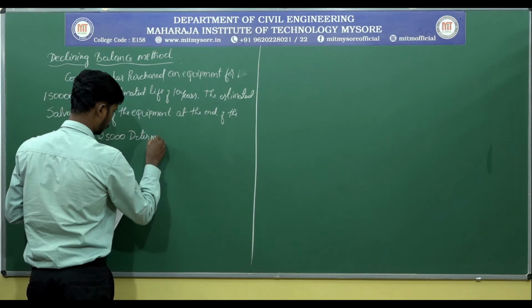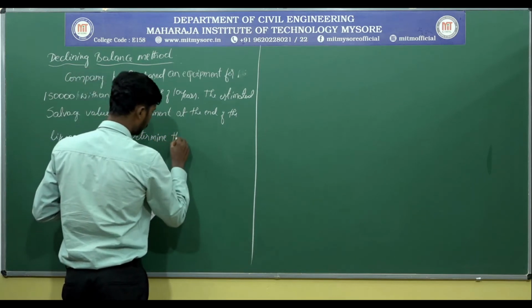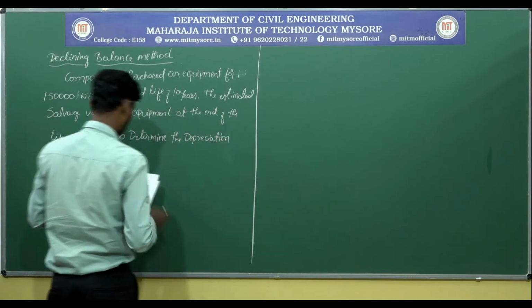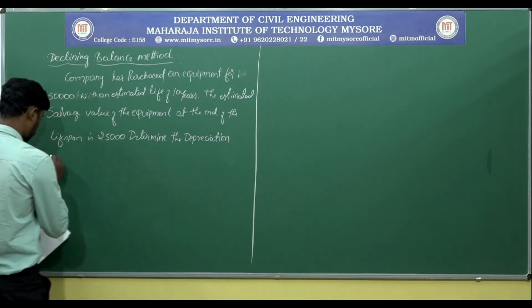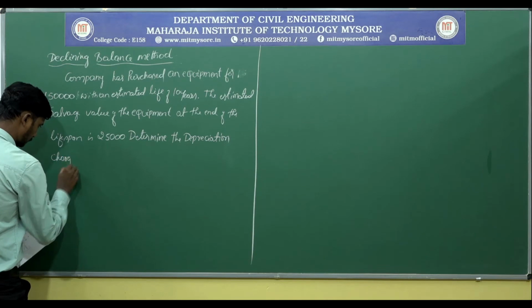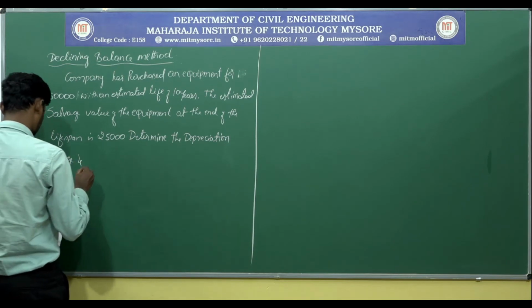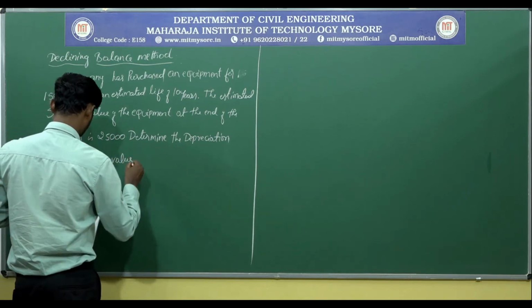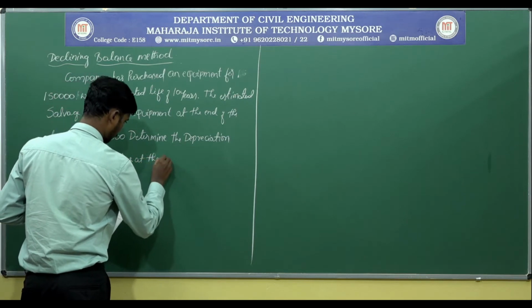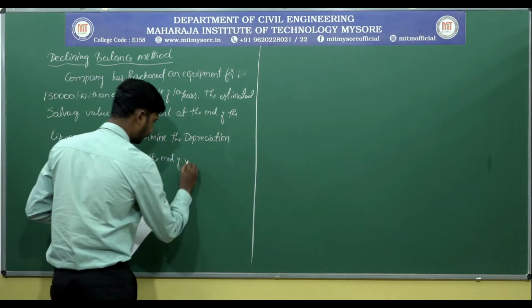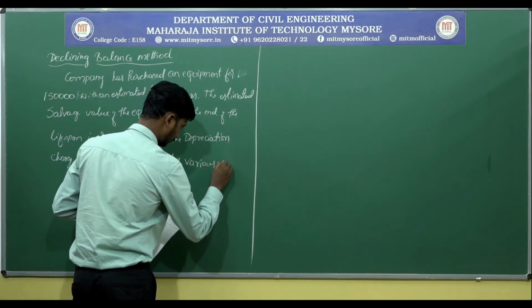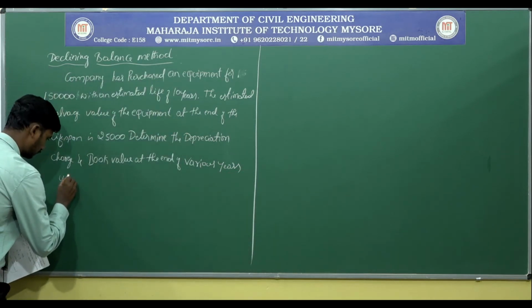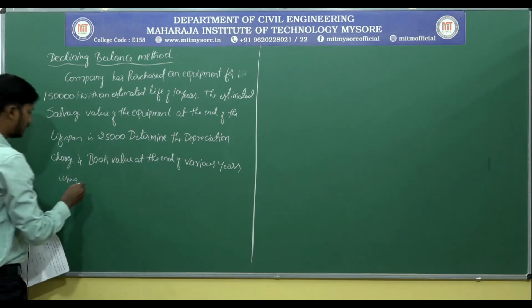Determine the depreciation charge and book value at the end of various years using the declining balance method.